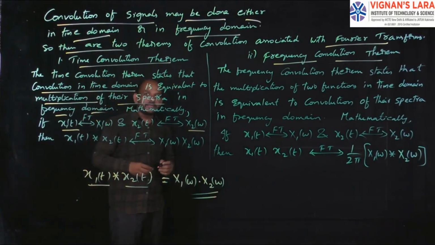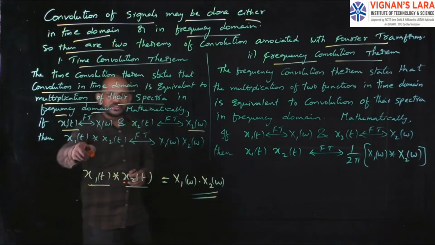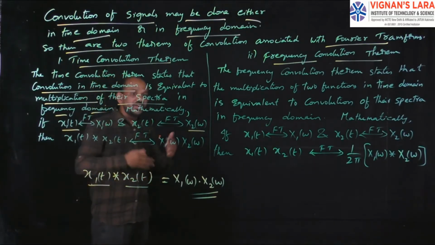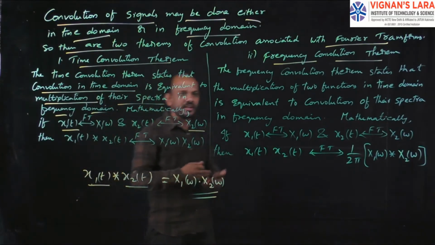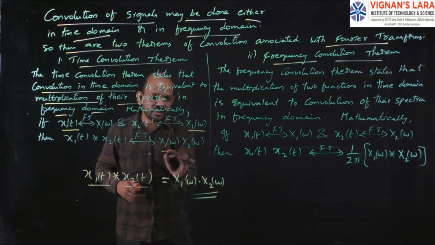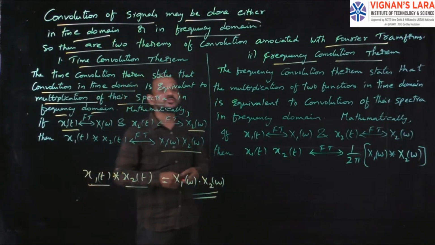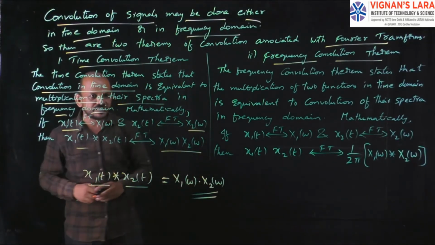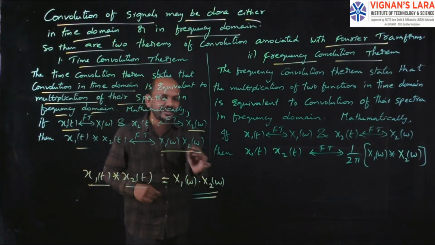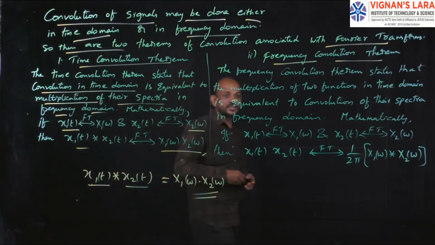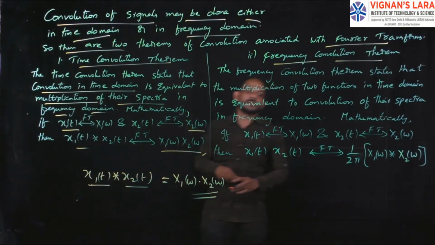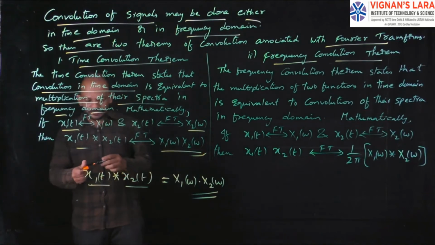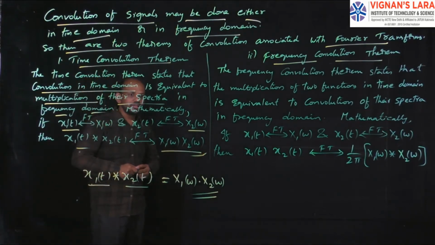Then the time convolution theorem states that x1 of t convolution x2 of t will have a Fourier transform X1 of omega into X2 of omega. See here, in time domain we are representing x with the small case, and in frequency domain I am representing x with capital letters. Clear?